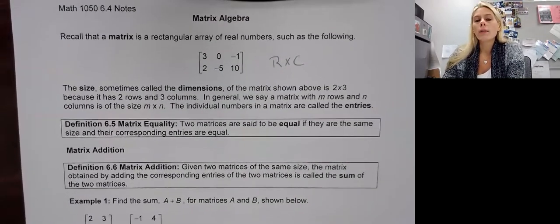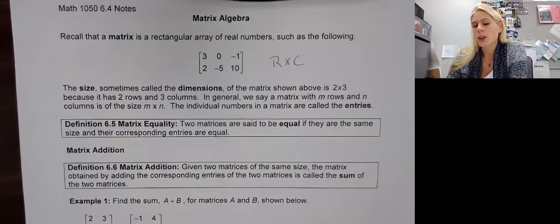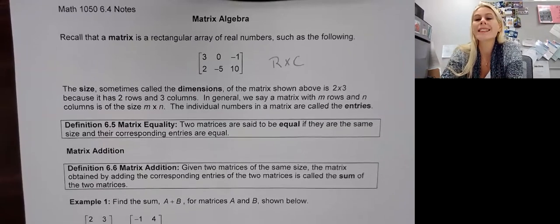All right, let's talk about our operations when it comes to matrices. So matrix addition. Given two matrices of the same size, so same dimensions, the matrix obtained by adding the corresponding entries of the two is called the sum of the two matrices.